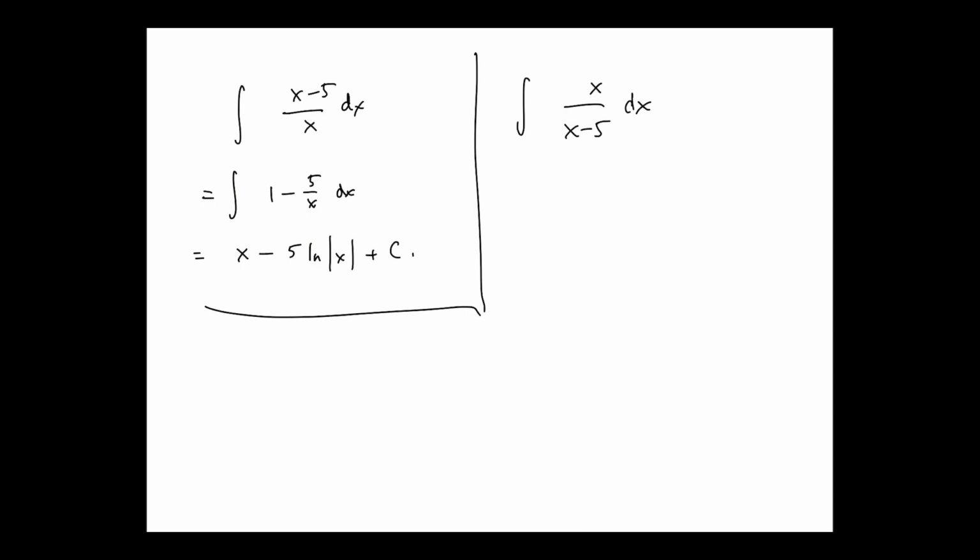Okay? So just humor me. Let's try this. Let's let u equal x minus 5. Well, it's not exactly all that clear how it's going to work out, because what's du then? In this case, du is just dx, right?